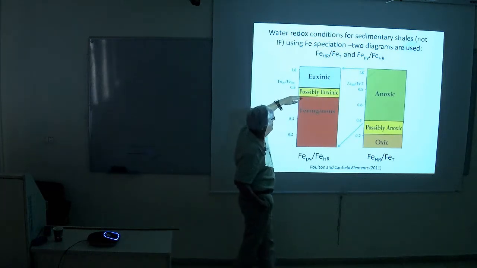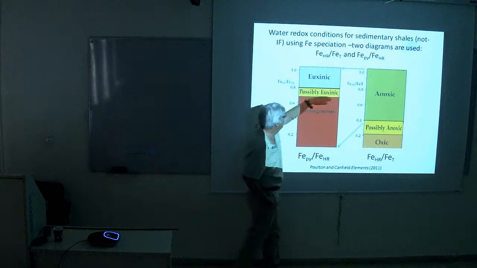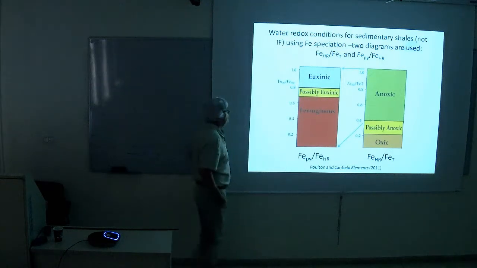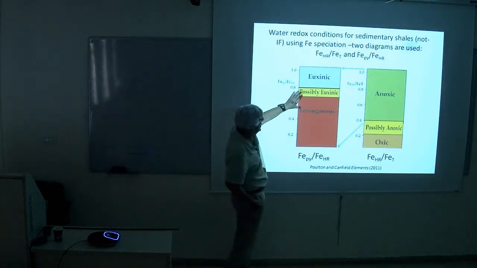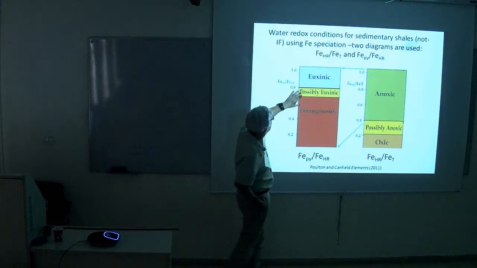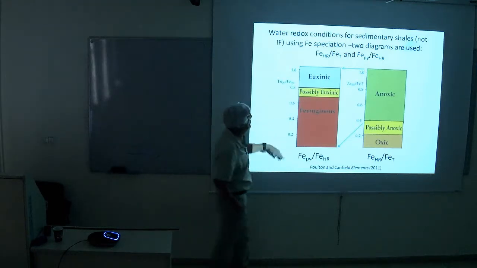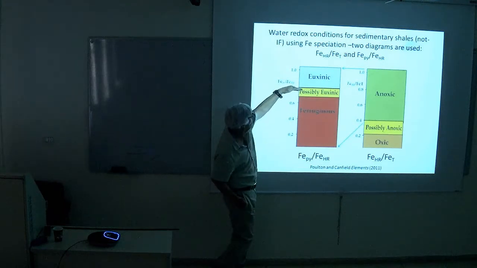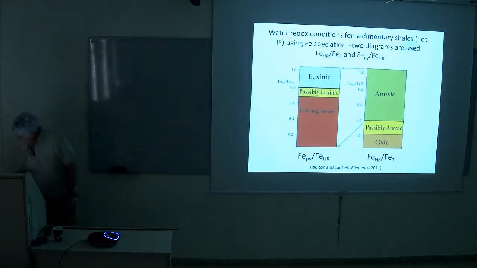This was based on analyzing euxinic rocks from oceanic anoxic events in the Phanerozoic, in other words, in non-Precambrian time. I'll say a little bit more about this. But the work done by the pioneers of this field in ancient oceans used this value of 0.8 as the boundary.